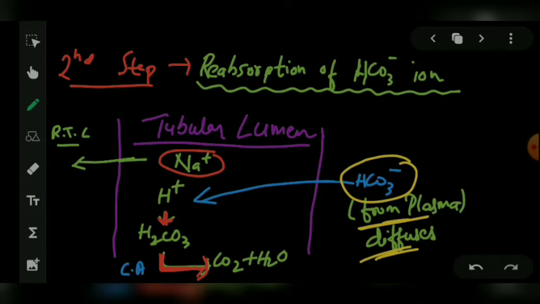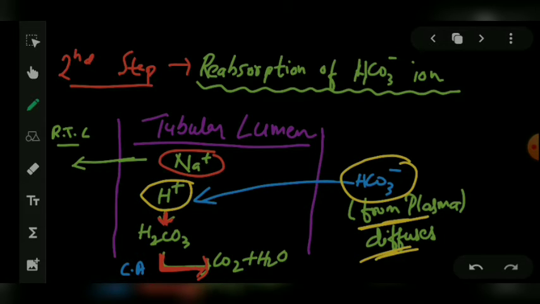We have seen in the first process that H plus ion is already present, and HCO3 minus ion comes from the plasma and forms H2CO3, carbonic acid, and due to the presence of carbonic anhydrase enzyme, it dissociates into CO2 and H2O.